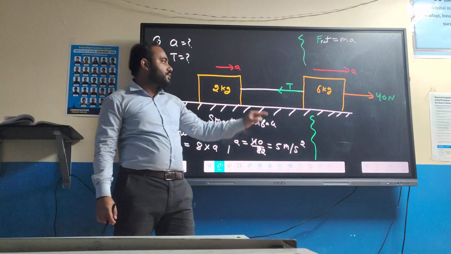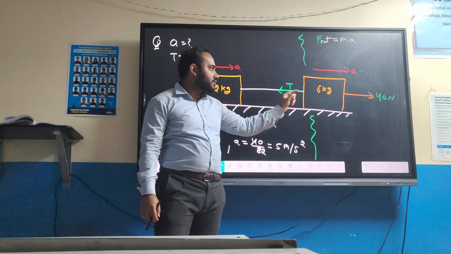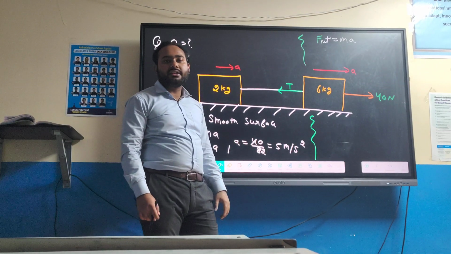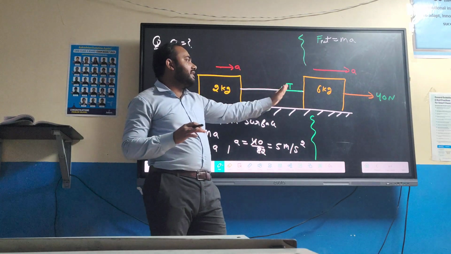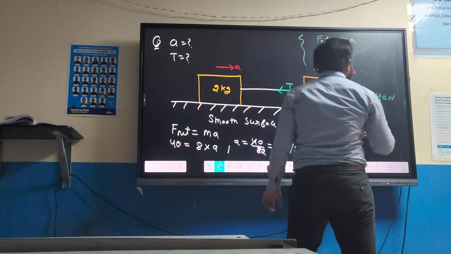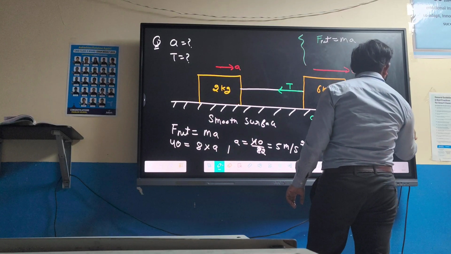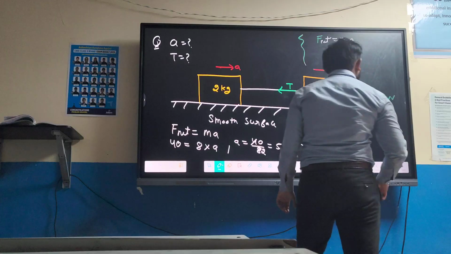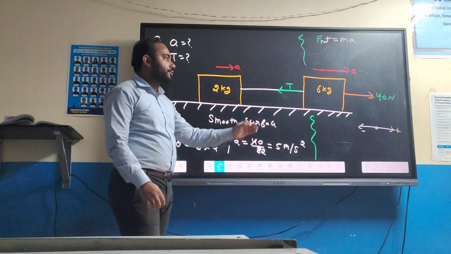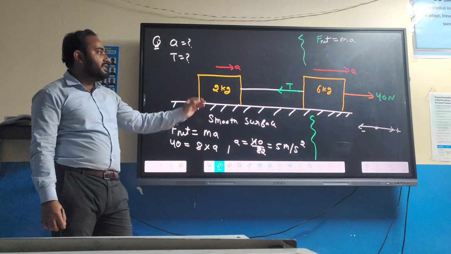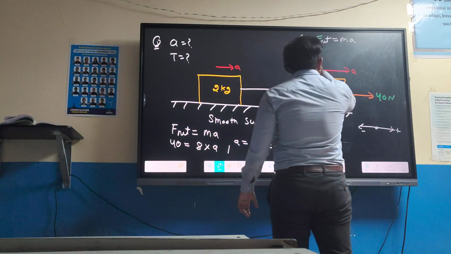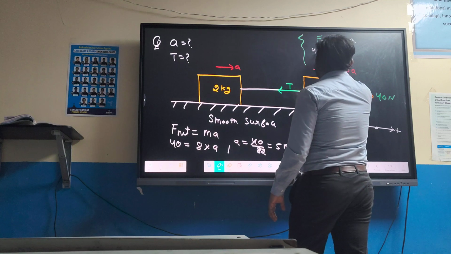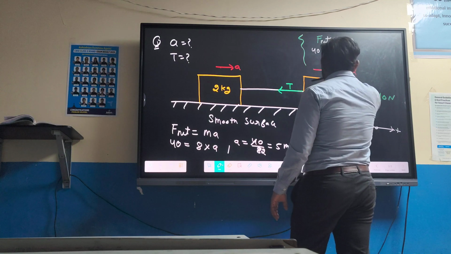The net force is 40 minus T, because force is a vector quantity and the direction consideration is important. Our standard sign convention is to take the right direction as positive and the left direction as negative. So the 40 Newton force will be considered positive and the tension force will be considered negative. So I can write the net force as 40 minus T is equal to M. What is the mass?